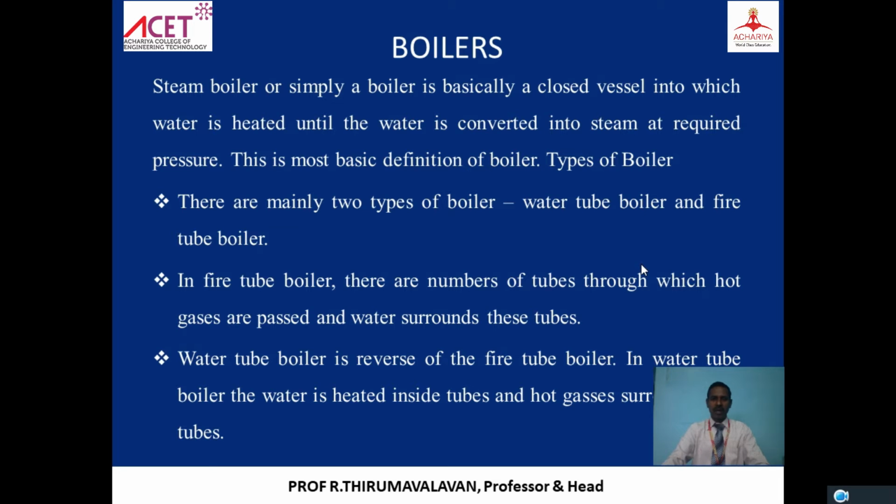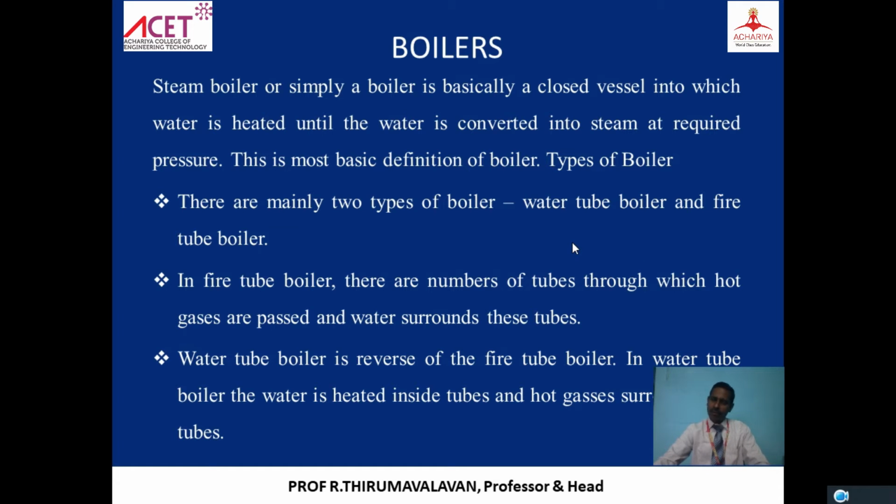In a fire tube boiler, the flue gas passes through the tubes and the water is around them. In a water tube boiler, the water goes through the tubes and the flue gas surrounds those tubes. So the heat transfer takes place in both, and that is the difference between the two types of boiler, fire tube boiler and water tube boiler.